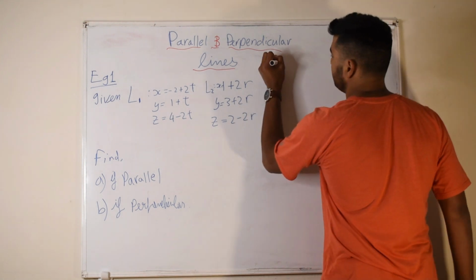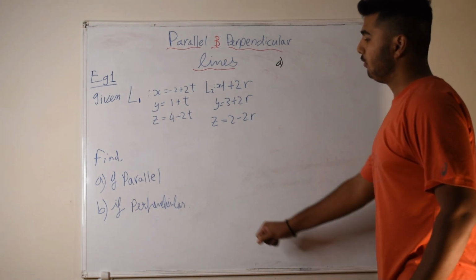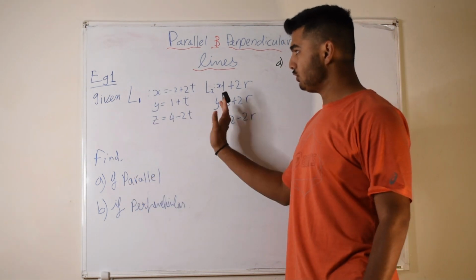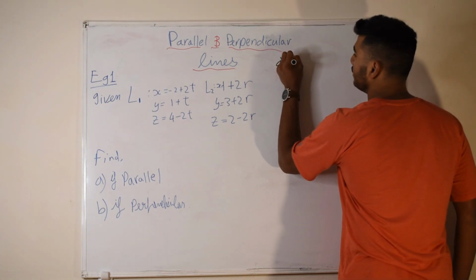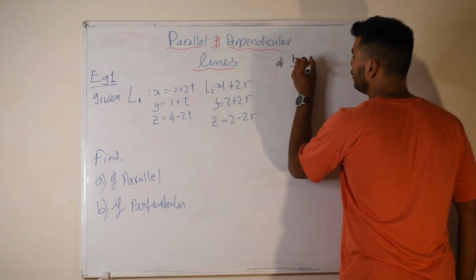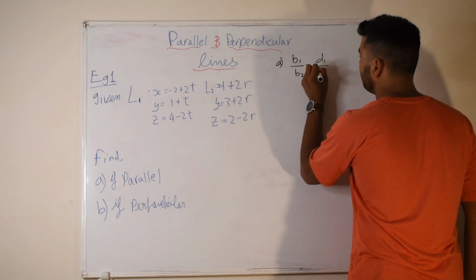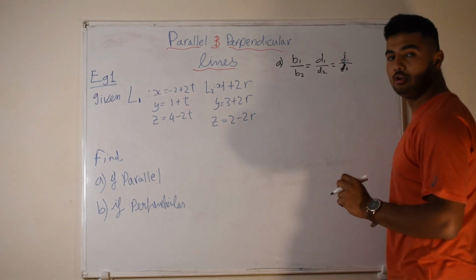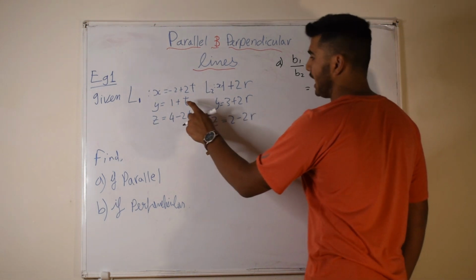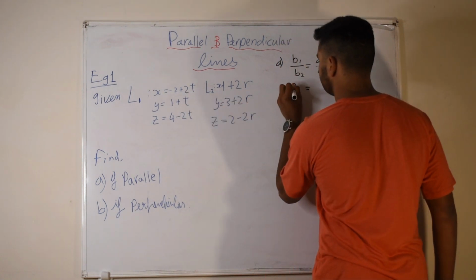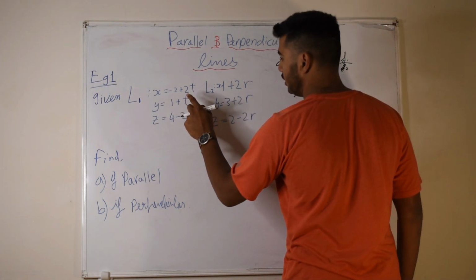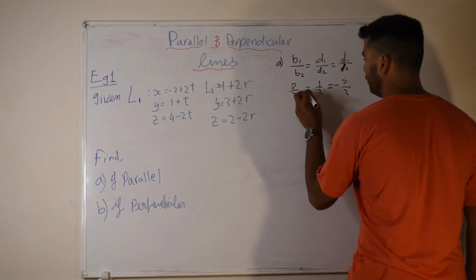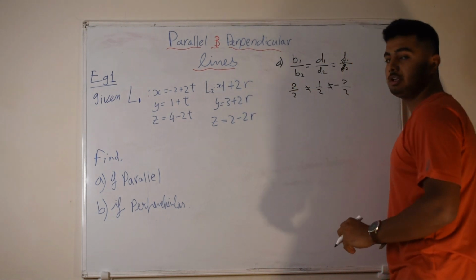To do A over here, we developed earlier in the video that if two lines are parallel, then B1 upon B2 equals D1 upon D2, which equals F1 upon F2. Correct? In this case, B1 upon B2 is 2 upon 2, which equals 1 upon 2, which equals negative 2 upon 2. But we know this and this do not equal each other.